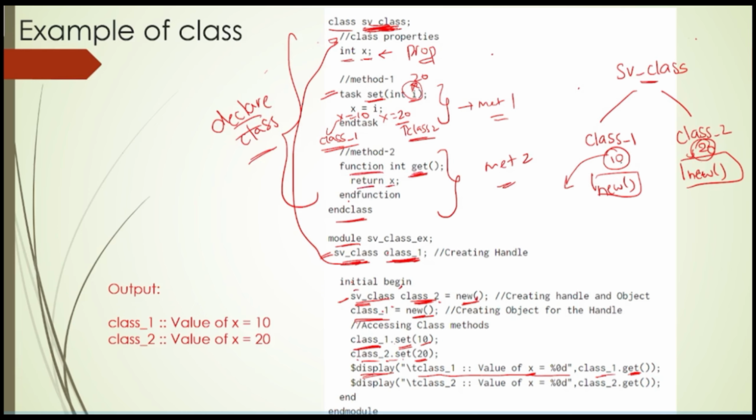What is the value of x? 10. So it will return the value 10 here, so the value of x is 10 for the first display. For the second display it is the same thing, but I am calling it with class 2, so class 2 will return the value 20.